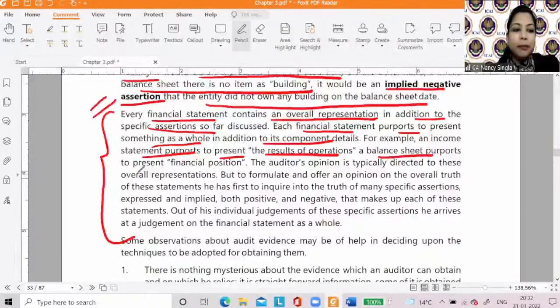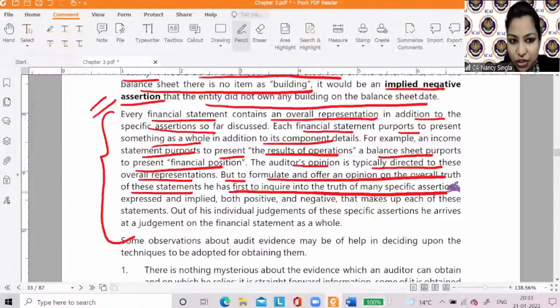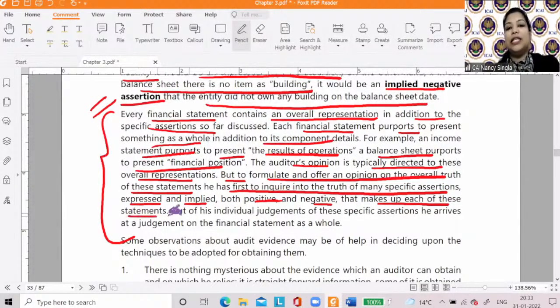A balance sheet purports to present what? Financial position. The auditor's opinion is typically directed to these overall presentations, but to formulate and offer an opinion on the overall truth of these statements, he has first to inquire into the truth of many specific assertions, expressed or implied, positive or negative, that make up each of these statements.